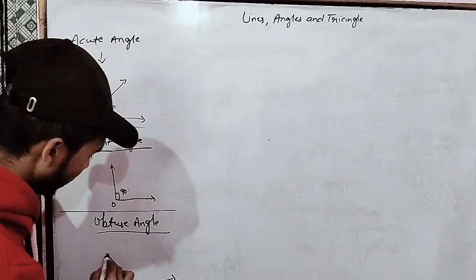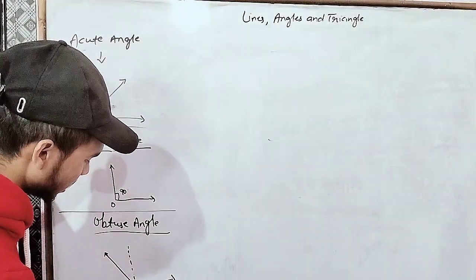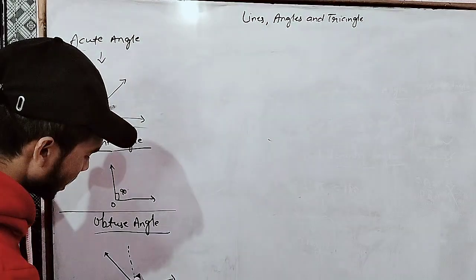I hope you understood. Now it's time to understand about obtuse angle. It tells us the value of an angle is greater than 90 degree.